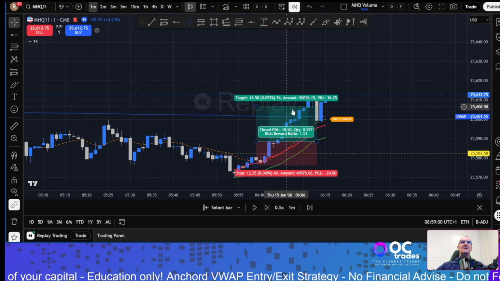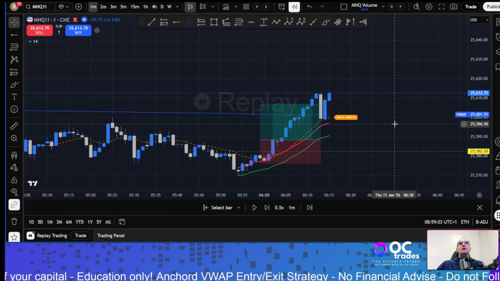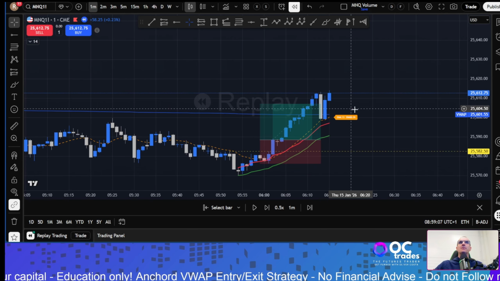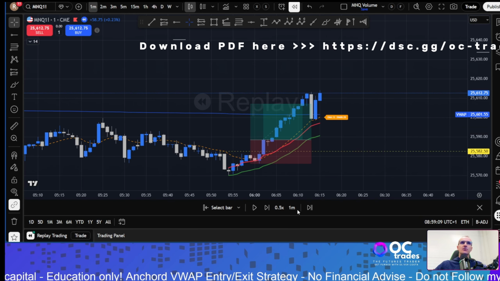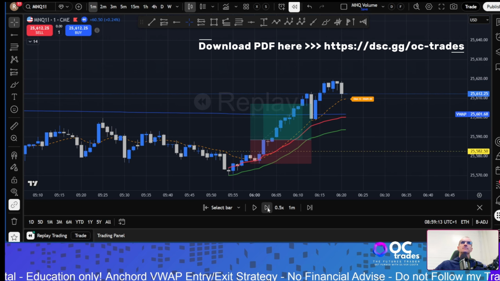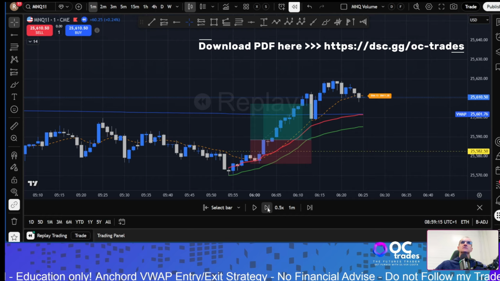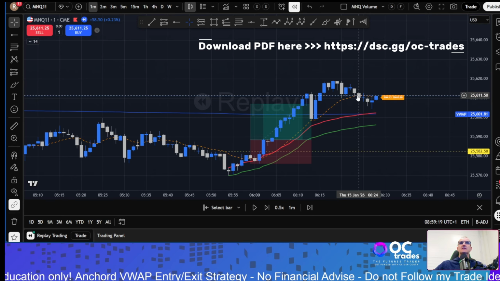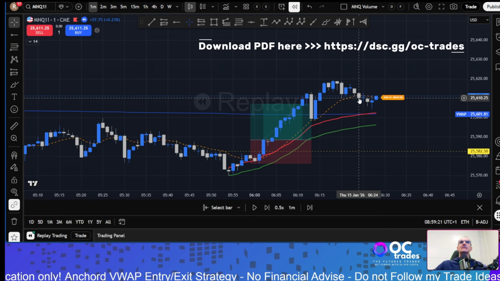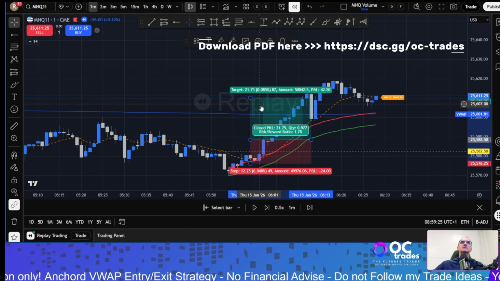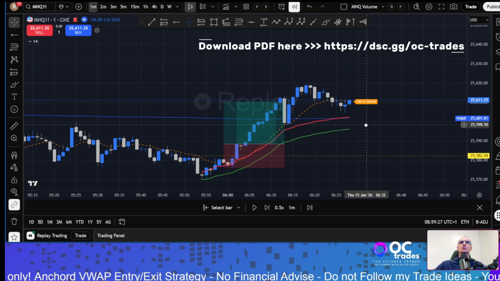Of course, you maybe take like 4 micros, you take 4 out of the pipe and keep the rest running. And you keep it running, and you see how good it works sometimes, till it touches the EMA 13 with a candle close below. So this would be kind of your exit here. And as you see, it would be a 1.78 trade.